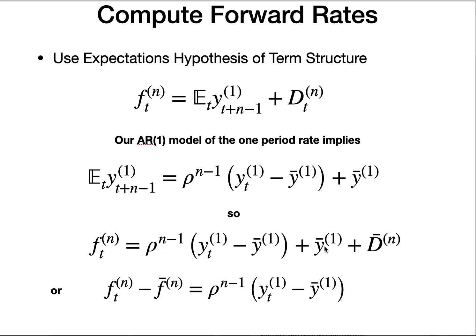This is the estimated parameter. And this is the current value of the short rate relative to its mean, at time t. Or another way to write this same equation is just like this. The difference between the forward rate and its mean is just this value, rho to the n minus 1 times the difference between the short rate and its mean.